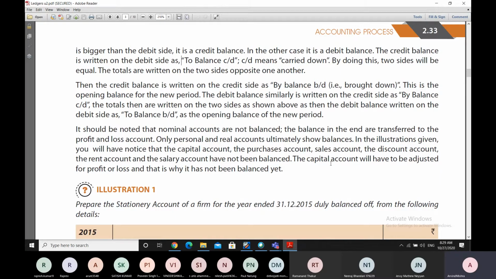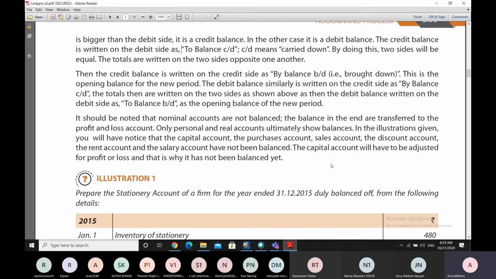So the capital account will have to be adjusted for profit or loss, because when we find out the profit in the profit and loss account, that profit or the loss will go into the capital account, and that is why the capital account will wait for that entry to come in.